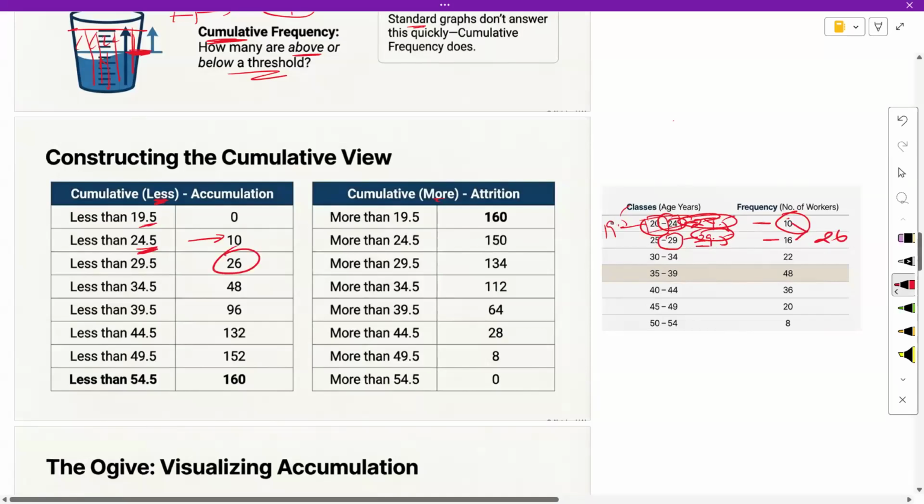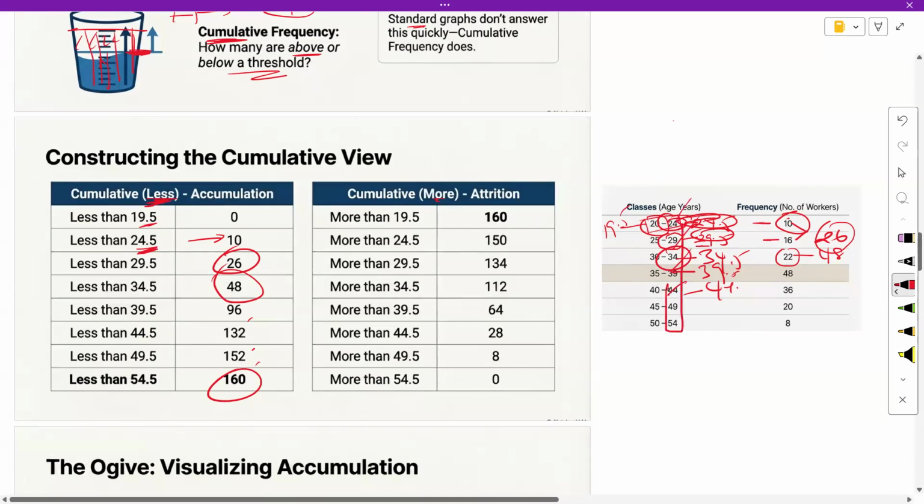And less than 34.5: already we have 26, plus 22, is 48. Likewise, less than 39.5, less than 44.5. Like this, we can get the accumulation. So there are 160 employees. That is called cumulative less than the upper boundary of each class.